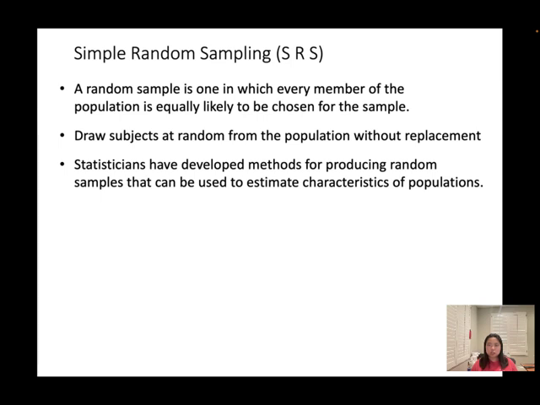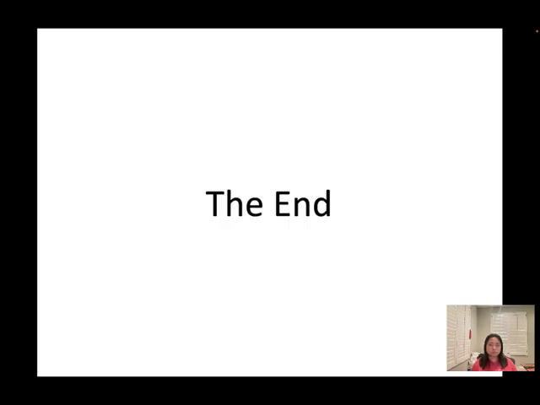So we try, using the simple random sample, to find the statistic and estimate the parameter. But in reality, a true random sample is difficult to achieve because we can't really make sure everyone has an equal chance of being picked. That's it.